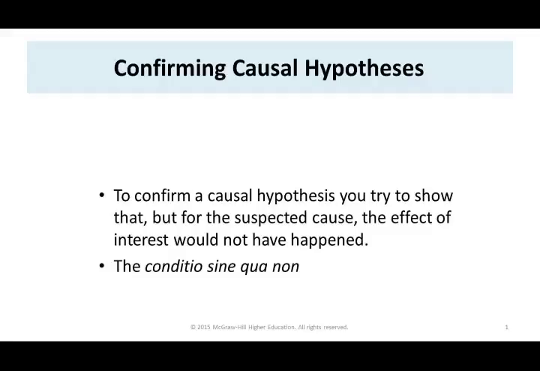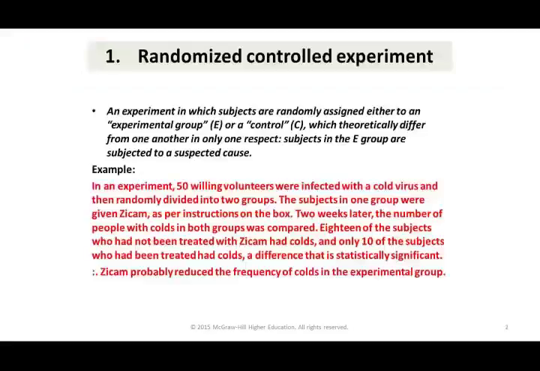All right? Okay, well, what's the first method? I'm going to keep this lesson short if I can. What's the first method for confirming my hypothesis? So I've got my hypothesis, now I want to confirm it. Well, the first one, and the most obvious one, will be a randomized controlled experiment.